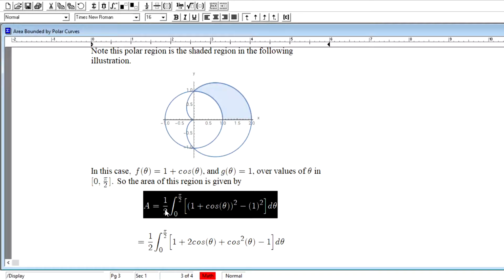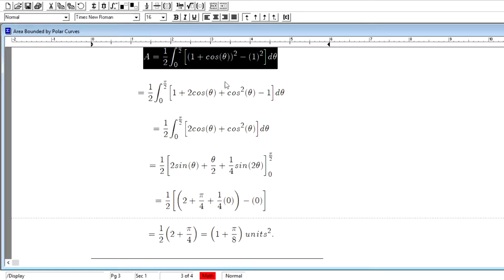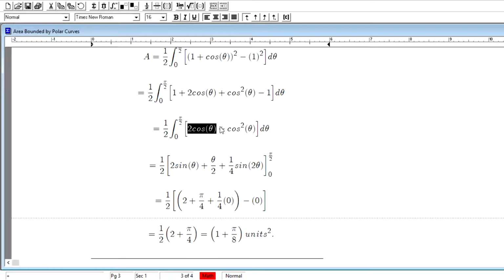And once set up, it falls upon fundamental integral rules. The cosine antiderivative is sine, and cosine squared's antiderivative is theta over 2 plus 1/4 sine of 2 theta. That 2 just plays a constant multiple in the case of the cosine.